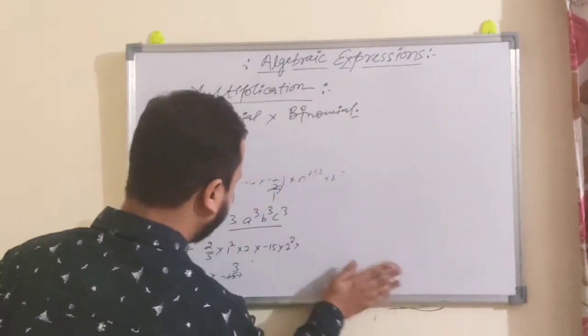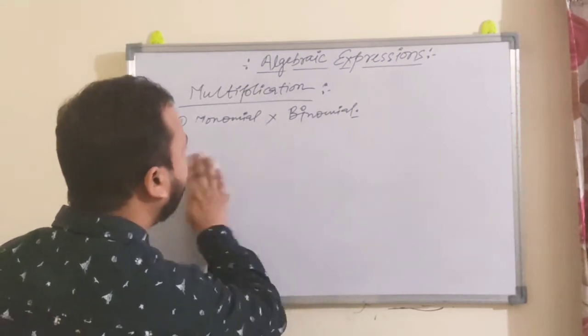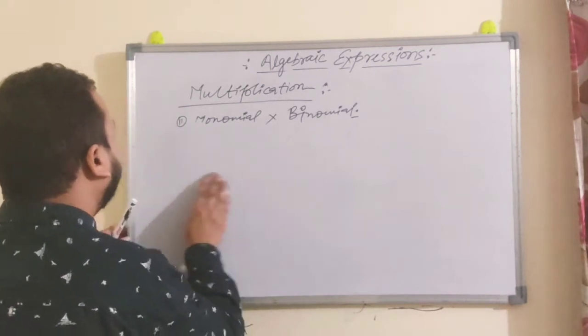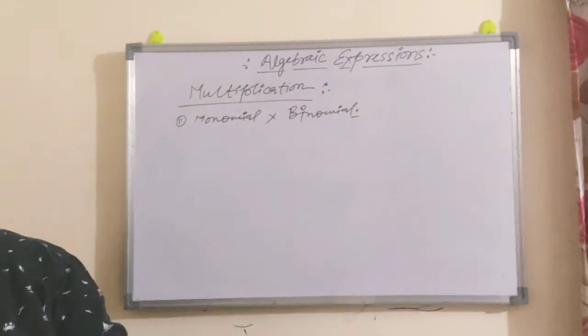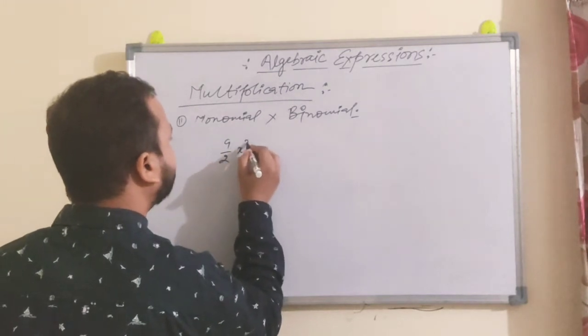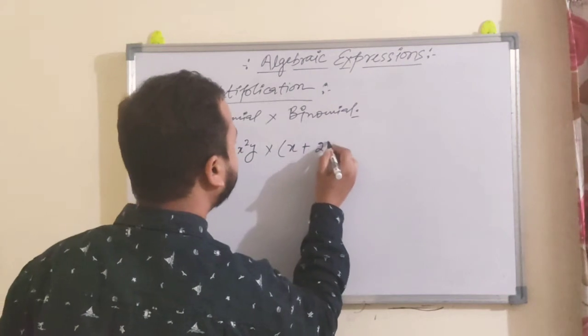So we are going to take an example and understand how we find the product. Suppose the question is 9 by 2 x square y, and we have to take the product with x plus 2y.